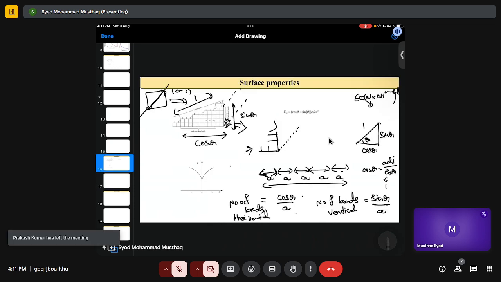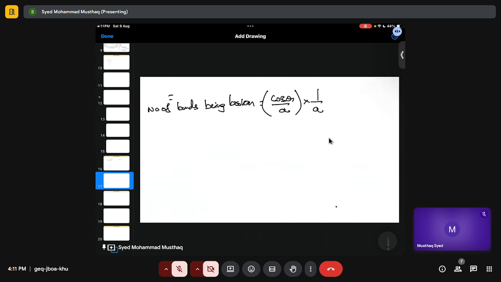In the Z direction also there is a breaking of bonds. So that will be equal to cos theta by A into 1 by A plus sin theta by A into 1 by A. So this will be equal to cos theta upon A square plus sin theta upon A square. That's it. This is the number of bonds being broken. Right.